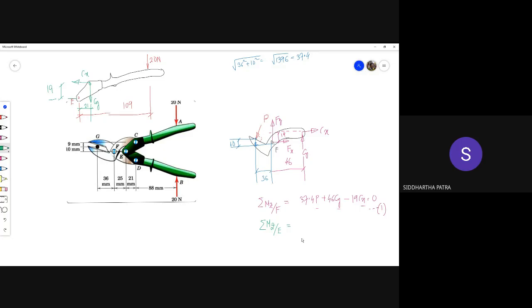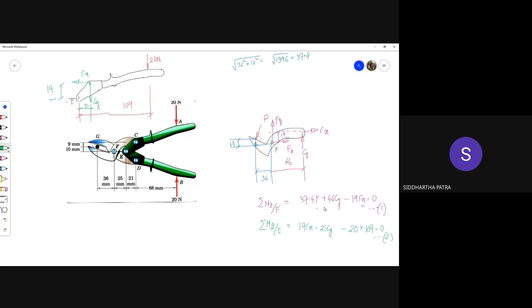So 19 Cx minus 21 Cy, and then minus 20 times 109 equals 0. Okay. Now that becomes the second equation involving those three unknowns.